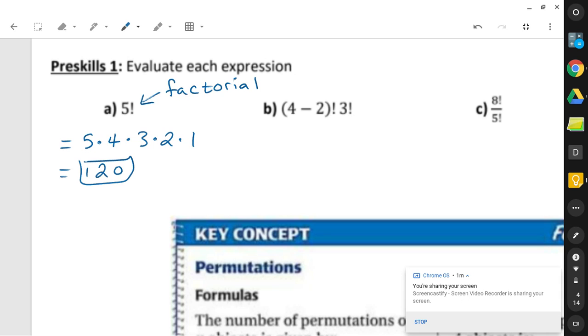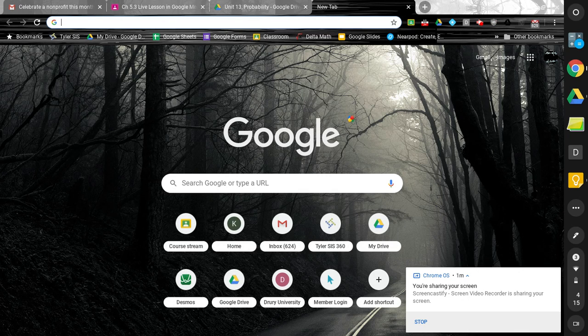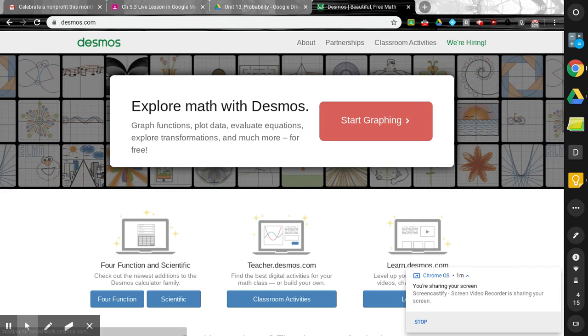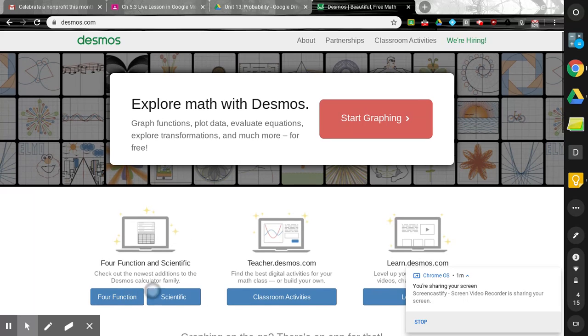Now, a lot of you do have a factorial symbol on your calculator. It is an exclamation point. If you go to the Desmos Scientific Calculator and go to Functions, let me show you really quick. So if I go to desmos.com, and in the lower left-hand corner, right down here, click on Scientific.